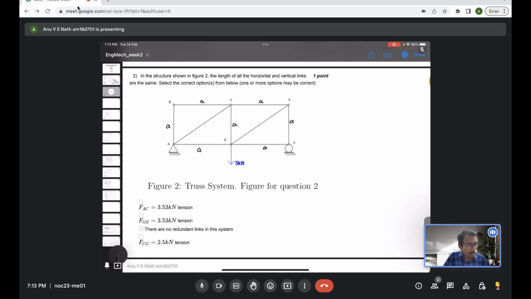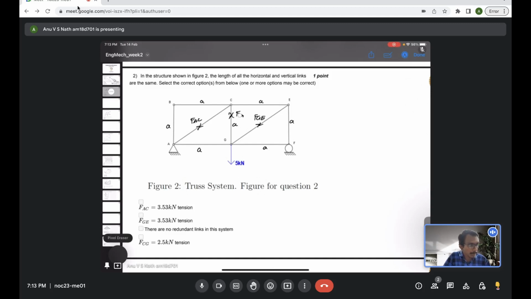So we have to find FAC, FGE, and there are no redundant links in the system. That's the third option. We have to check whether there is any redundant link or not. And then FCG, which we also need to evaluate.